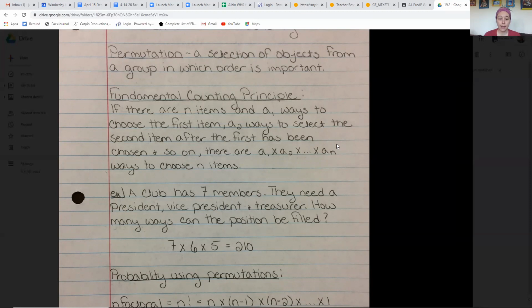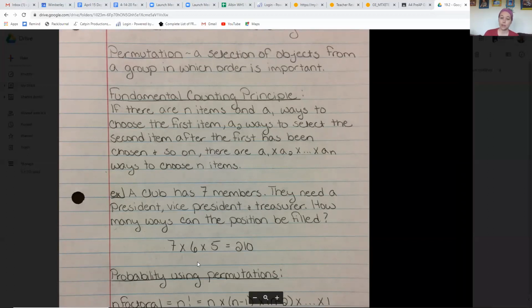So our A1 here is 7, times our A2, which is 6, times our A3, which is 5. So we have 3 different positions. Total number of members is 7, right? So there's 7 possibilities for president. Well, once we remove someone and they're president, then we only have 6 to choose from for vice president.